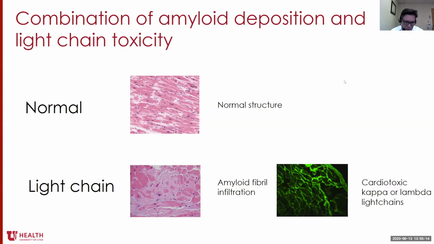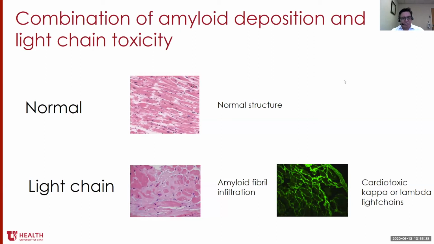They can also affect the heart, and they are cardiotoxic. So as you can see, this muscle is affected in two significant ways. One is this amyloid infiltrate, but also the circulating light chains are toxic to the heart tissue.